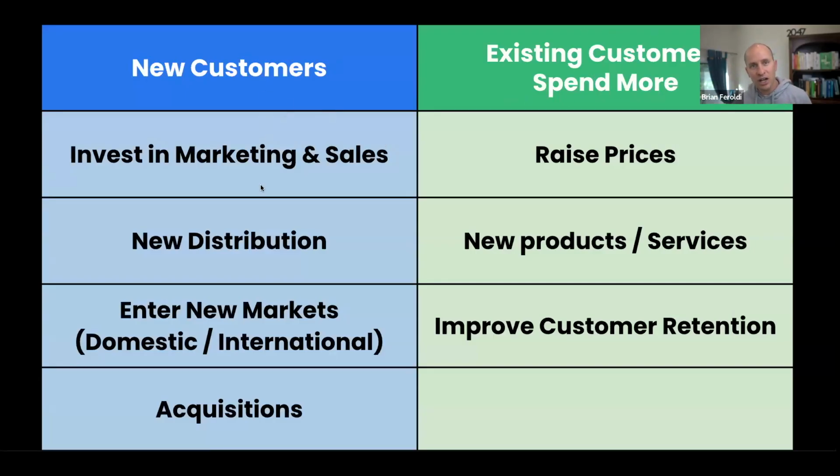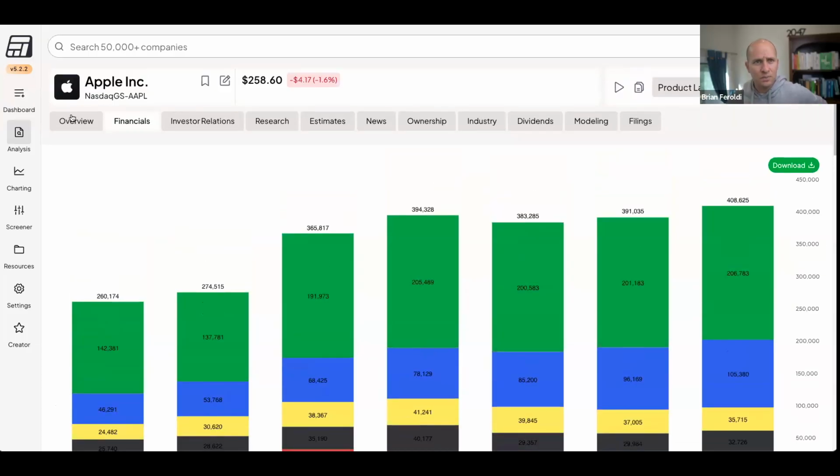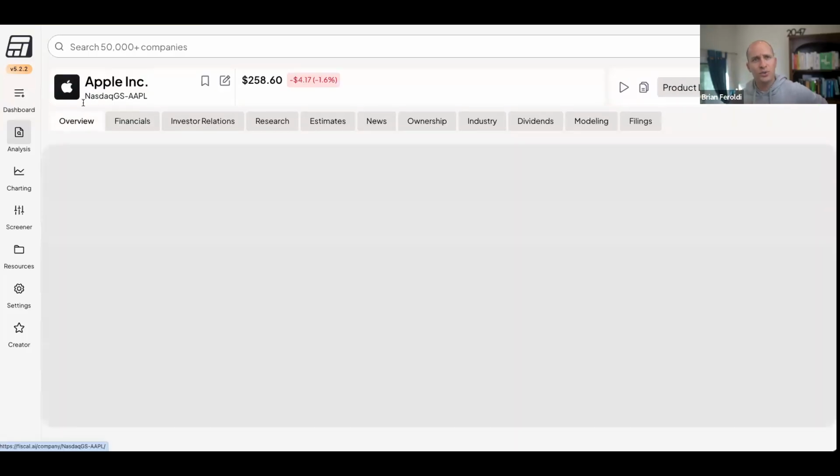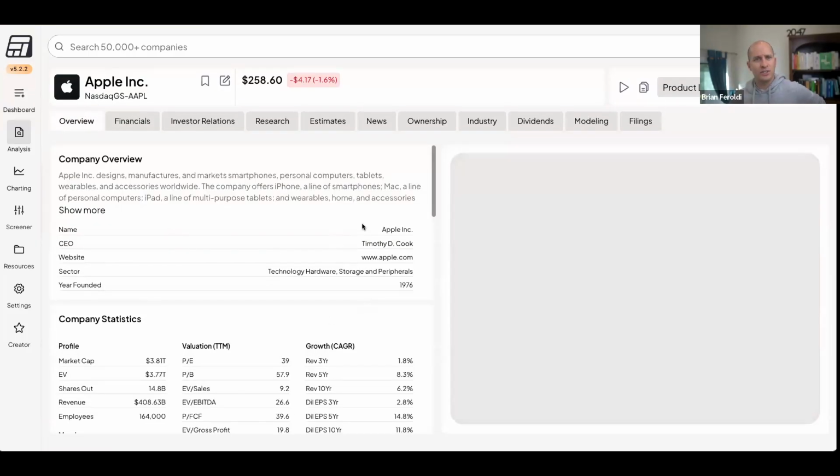And there are subcategories. So in new customers, you can grow your sales and marketing. You can get new distribution, new markets. You can make acquisitions. To get new customers to spend more, you can say, hey, we're going to raise prices. We're going to have new products or new services, or we're going to improve retention. Now, in Stock Simplifier, we teach you to go to the overview section in Fiscal.